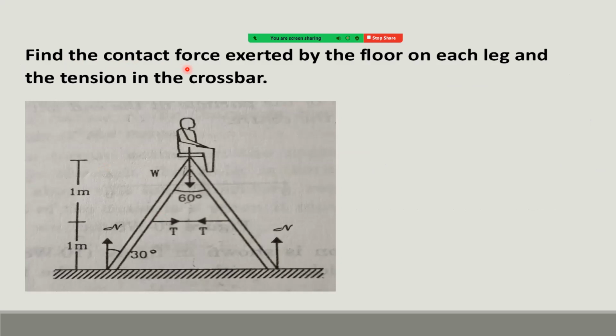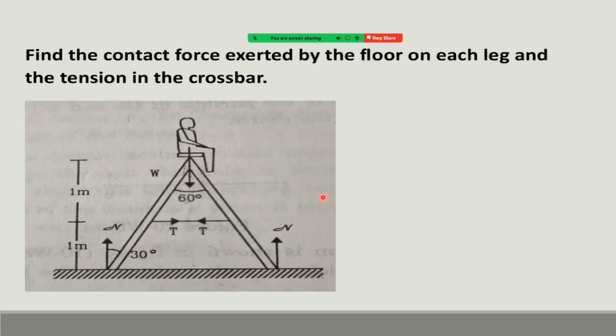Find the contact force by the floor on each leg and the tension in the crossbar. Okay, see, this is the question given. So we have to calculate now contact force by the floor on each leg and tension in the crossbar.